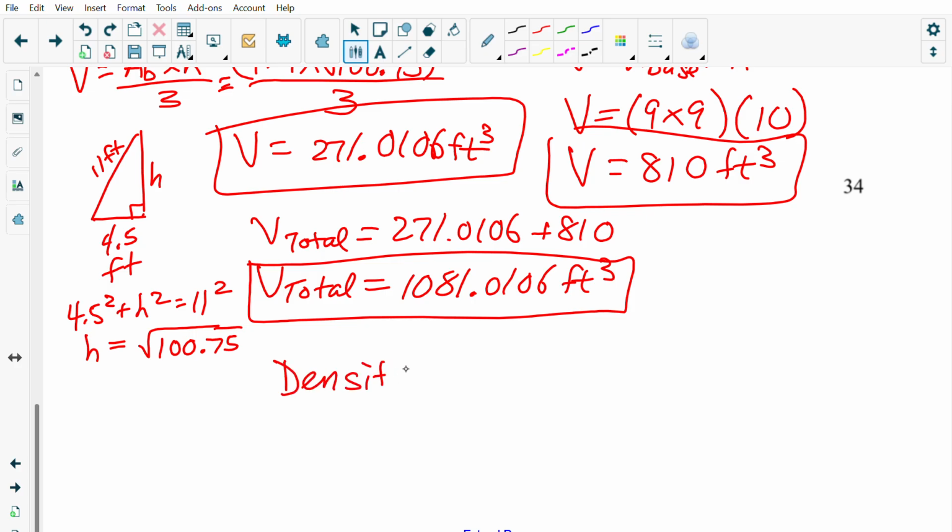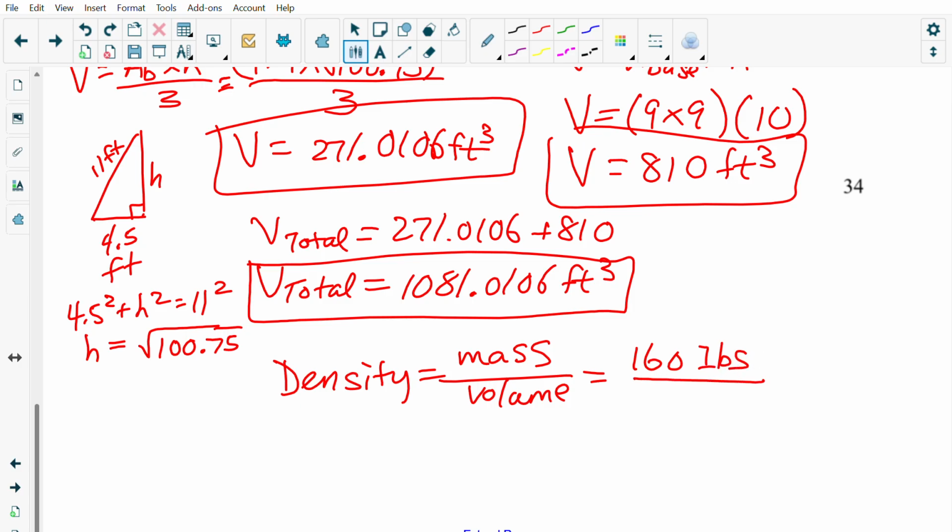Density, let's write this out, equals mass divided by volume. So the mass, we said, is 160 pounds per cubic foot of volume.